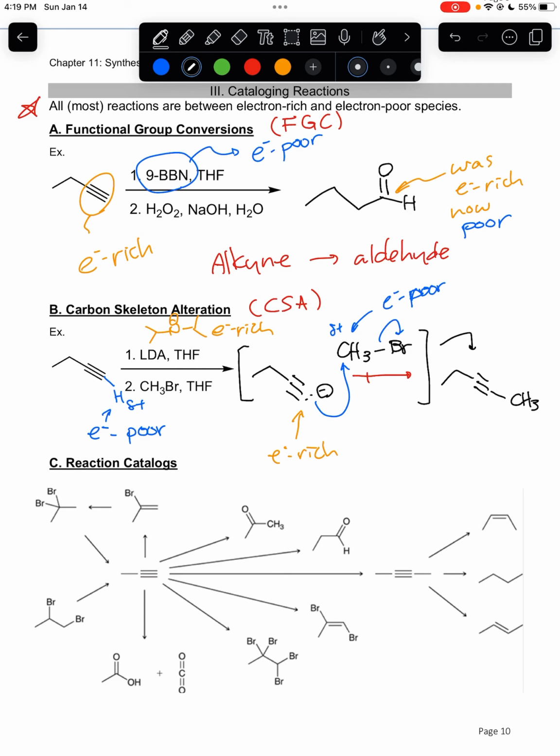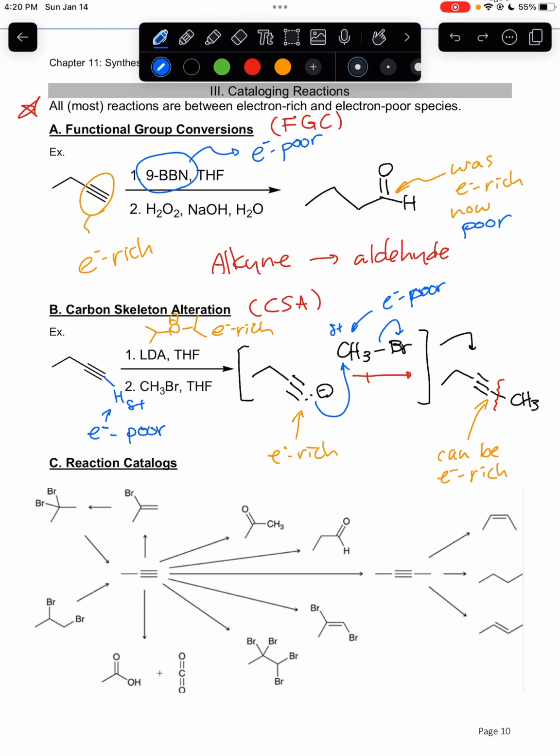And if we were to think backwards, if our goal is to make this compound, how would you know how to synthesize this? Well, you just have to think about dissecting this at some bonds that you know how to make. Like that right there is a good bond to dissect, because you might know a way to turn an alkyne into an electron-rich species like an alkynide species, like right here.